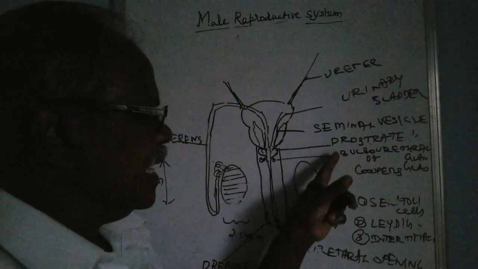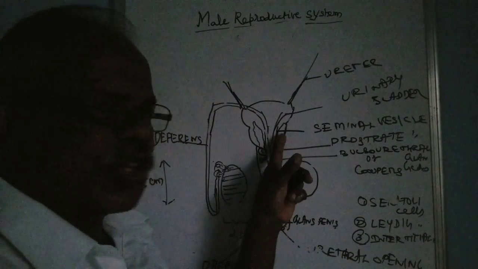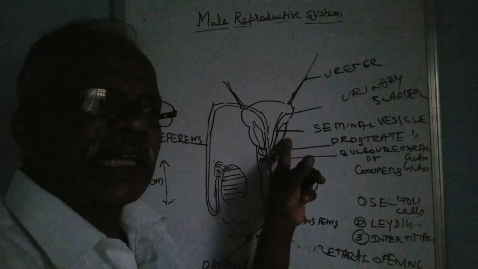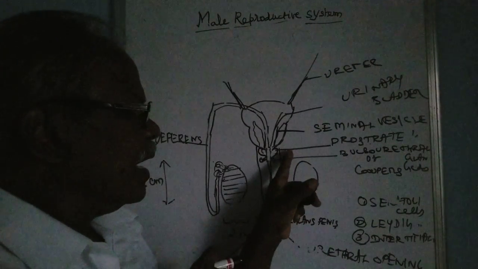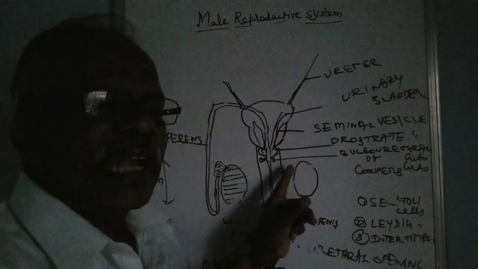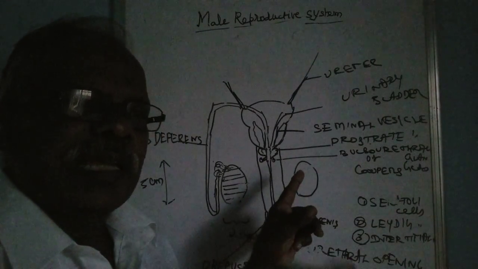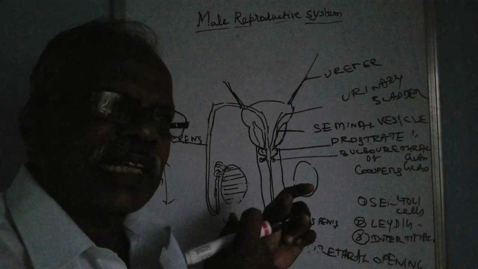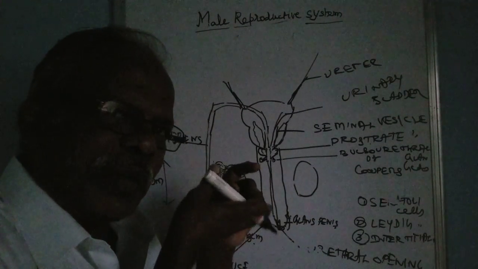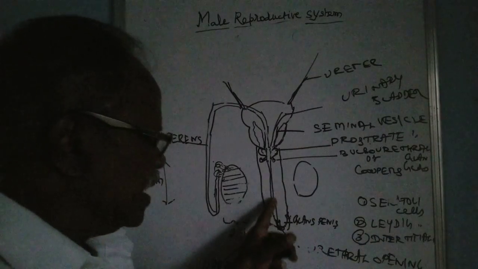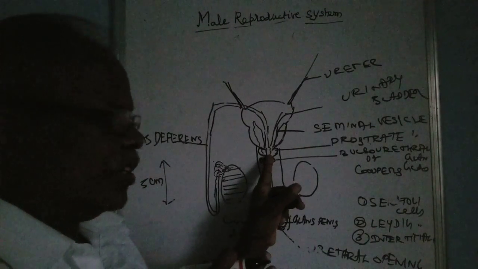So of these three glands, the seminal vesicle stores fructose and calcium and other things for the nutrition of the sperm. The prostate gland is for the propulsion by muscular contraction, and the sperm is propelled towards the urethra.